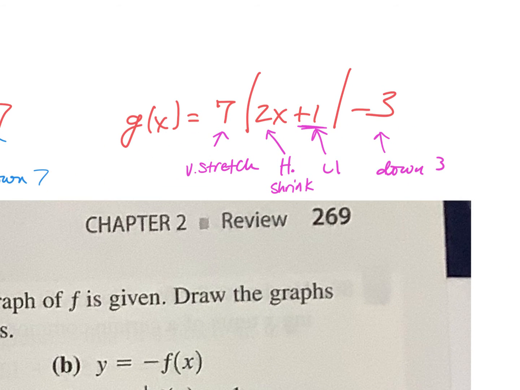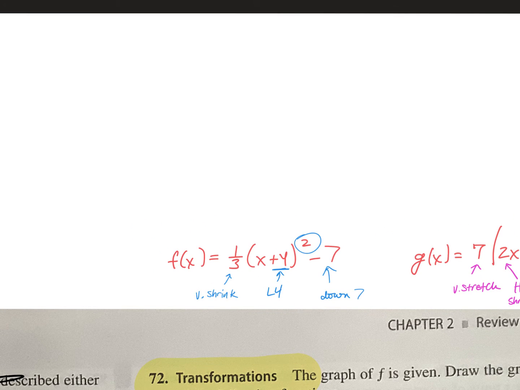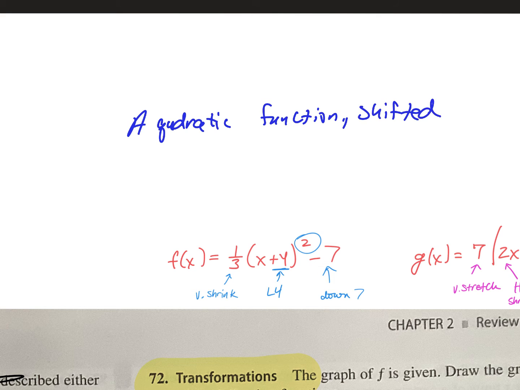All right, how do we feel? Good. Yes. So let's talk about number 1. All right, let's write this down. Let's say you have a quadratic function. What is quadratic? Okay, good. And it's shifted right 4 units.